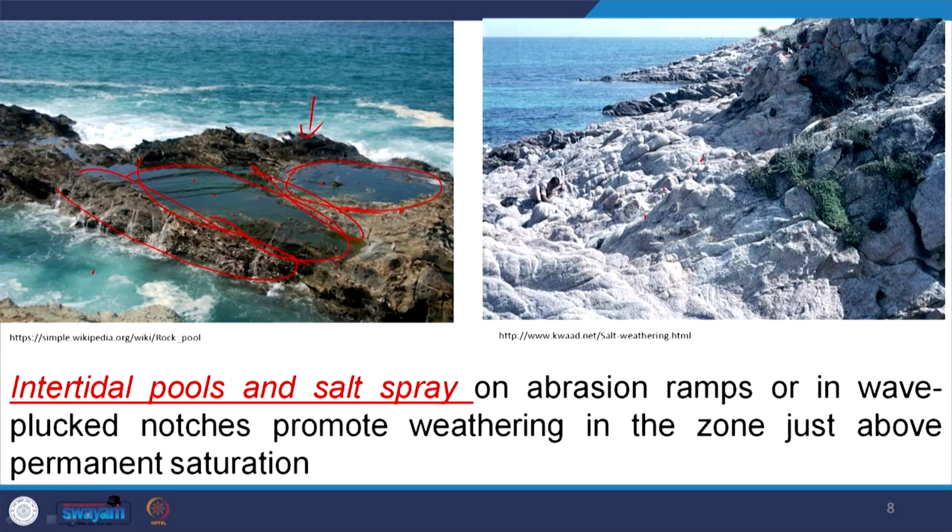Similarly, here you see the intertidal pools, and salt sprays on the abrasion ramp or in the wave-plugged notches promote weathering in this zone just above the permanent saturation. This is the zone of permanent saturation, with the open sea on this side. In the intertidal zone, during high tide we get water to this level, and at low tide to this level. During high tide this whole system will be submerged, so generally we get intertidal pools and salt sprays.